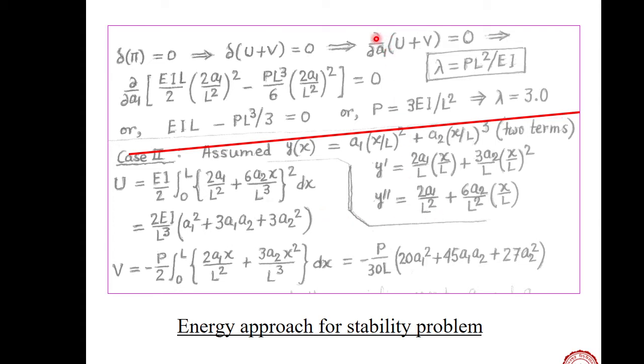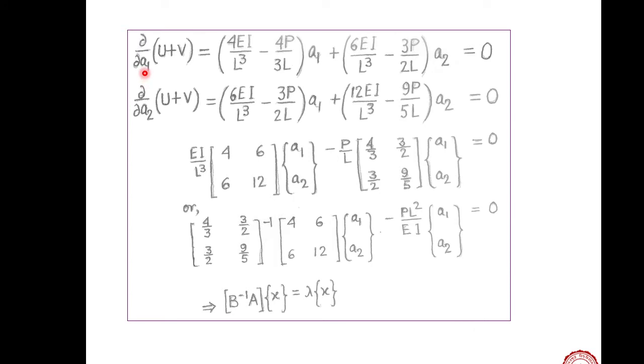So we have to take a derivative with respect to a1, and another derivative with respect to a2. These two are unknown coefficients, which are contributing in blending these functions to give rise to an approximate displacement or deflection field. Clear? So a1 and a2 are arbitrary. We take derivatives with respect to a1, and there will be another derivative with respect to a2. So the first one, the derivative with respect to a1, will give rise to this.